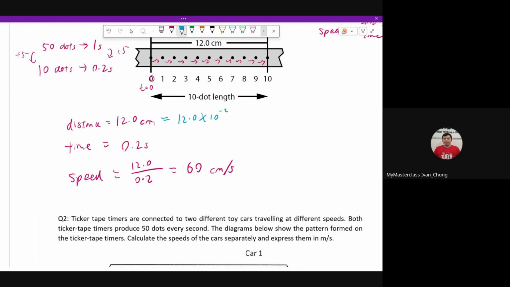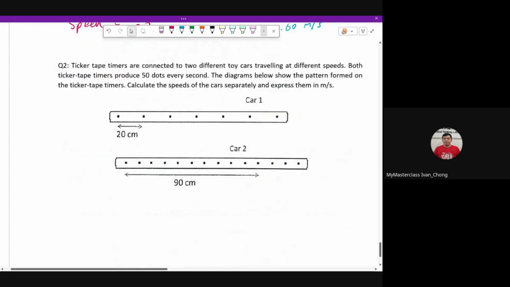Because I have the cm, I will times this, it will be 0.12 meters. So I will have 0.12 over 0.2, 0.60 meters per second. Okay, it's exactly the same, just take note of the units. That's why your units are very, very important. You need to write everything down.